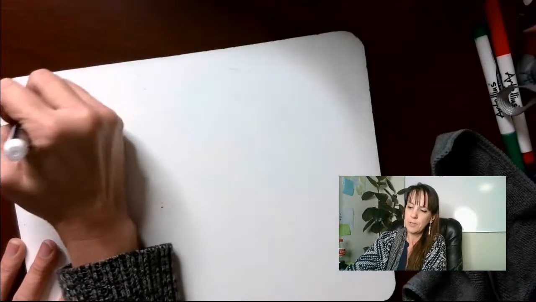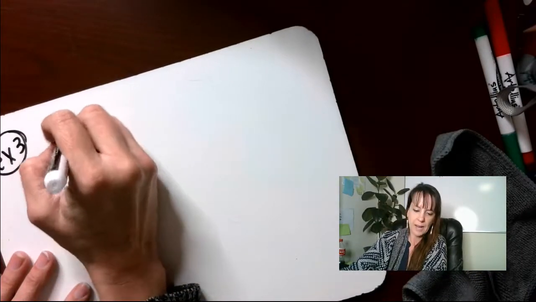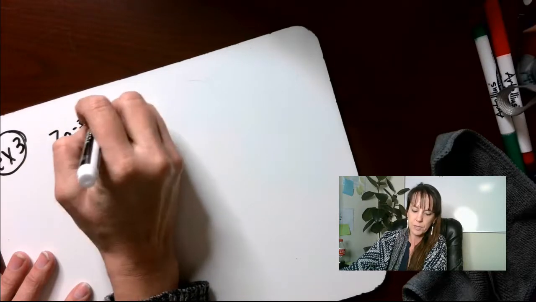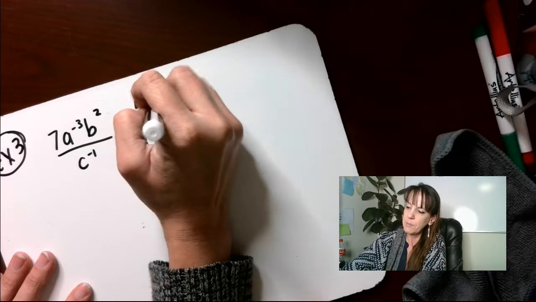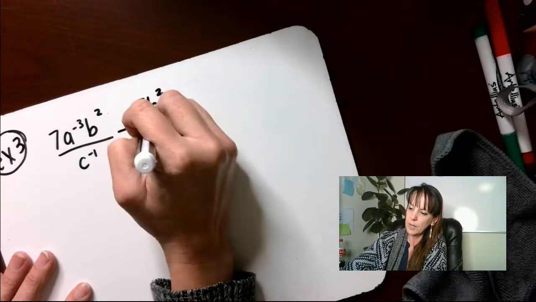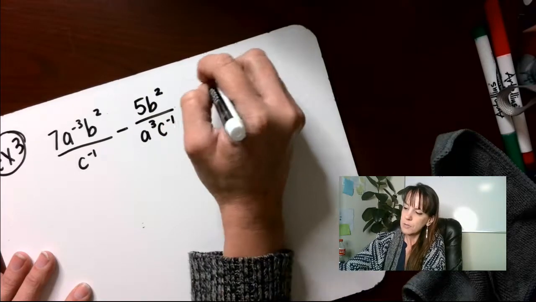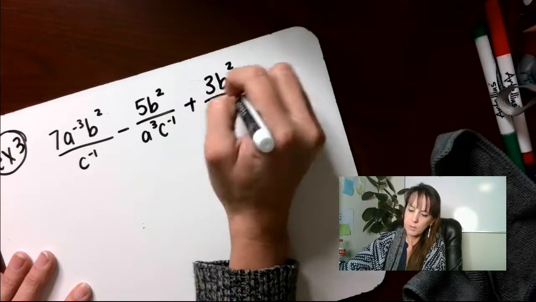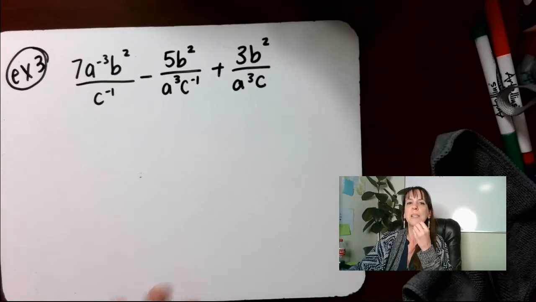Let's do example 3. Same idea here. We have 7a negative 3b2 over c negative 1 minus 5b squared over a 3c negative 1 plus 3b squared over a 3c. What we're going to do is clean this guy up again by getting rid of those negative exponents.